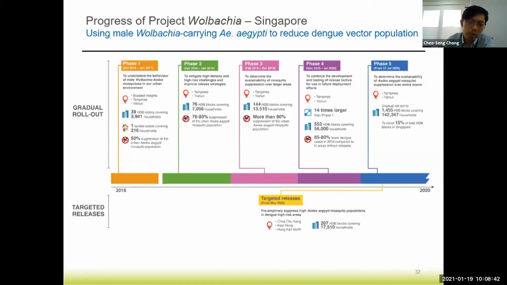And of course, as you see in the video earlier as well, along the way, while we are talking about really scaling up our project to move into more areas, essentially that is also complemented by the development of technologies to go hand in hand to be able to supply the mosquitoes needed for our releases itself.